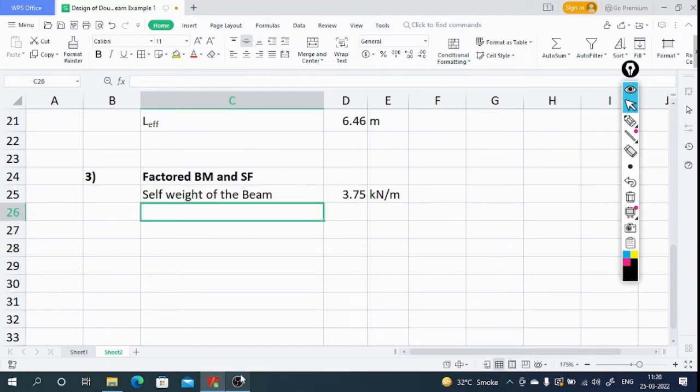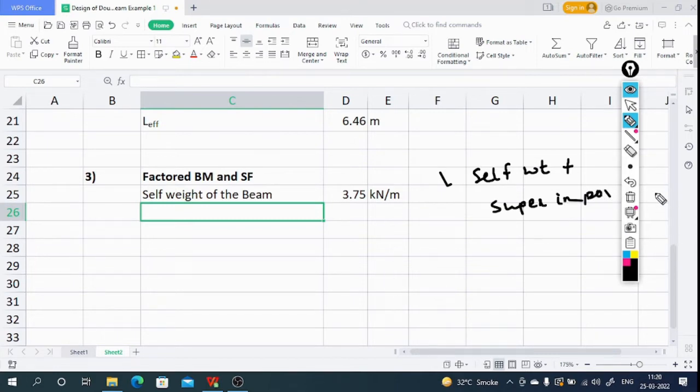After getting the self weight of the beam, we have to find the total load on the beam, the load for which a beam shall be designed. It is self weight of the beam plus the superimposed load. I will write here: the load acting on the beam is its self weight plus superimposed load, or the load coming on the beam.